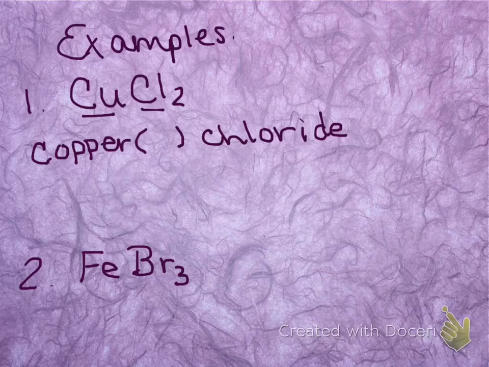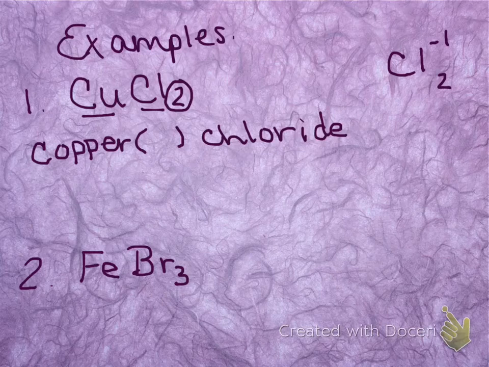Remember that all compounds have to be neutral, so the positive charges and the negative charges have to balance out. So if we look at our periodic table, we can see that the charge on chlorine is -1, right? We have 2 chlorine atoms in this compound. So 2 times a -1 gives us an overall -2 charge.